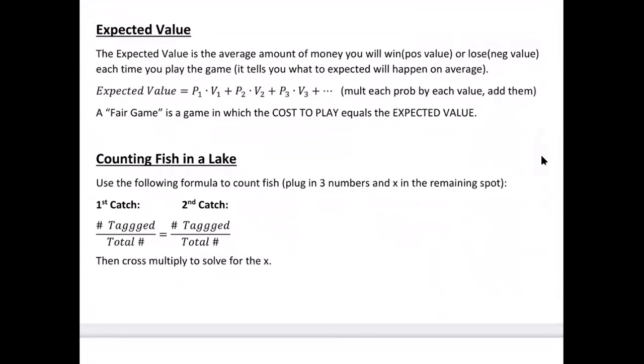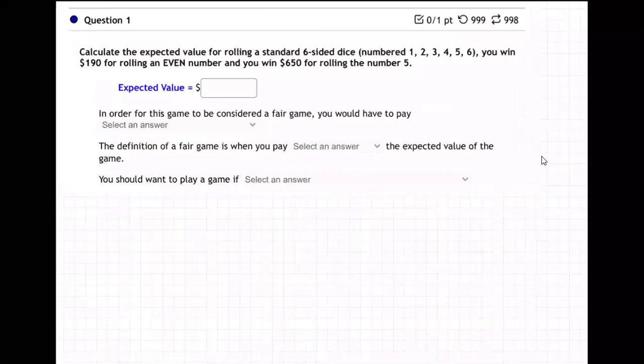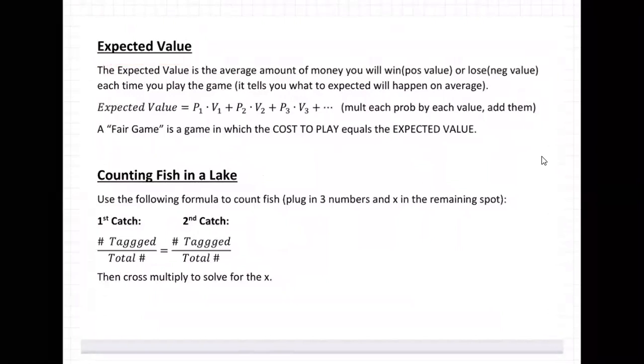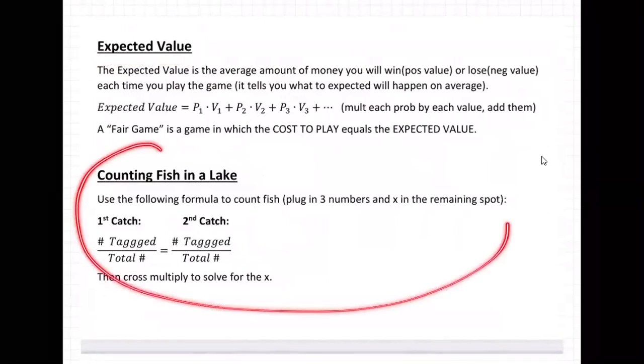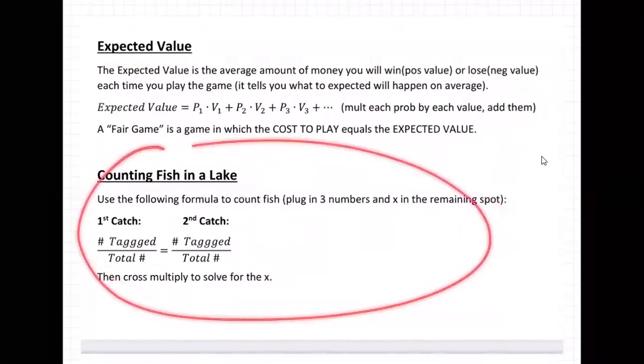Let me grab that and paste it in here for you. There it is. Okay, so expected value. What is this? This is in the notes. By the way, I just added this part about the fish. We'll get to that later. So if you want to get a new copy, I just did it minutes ago.